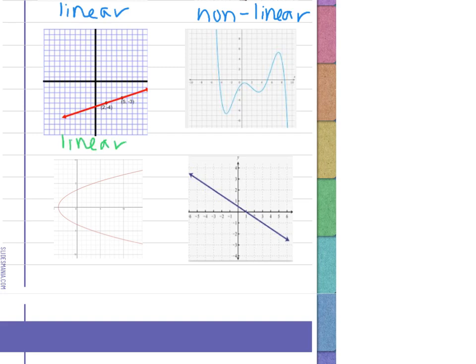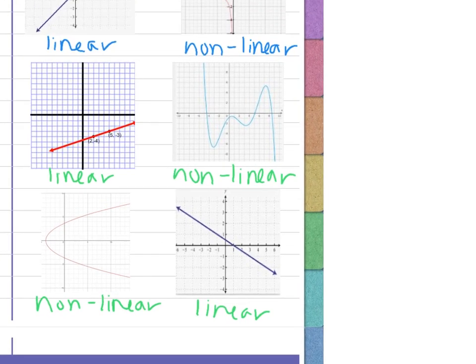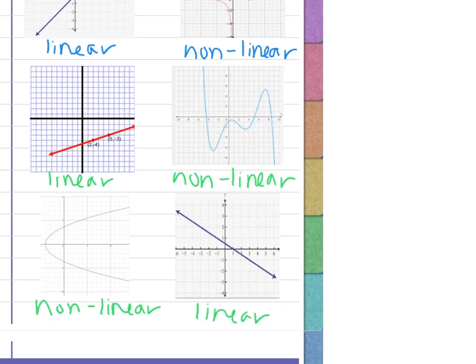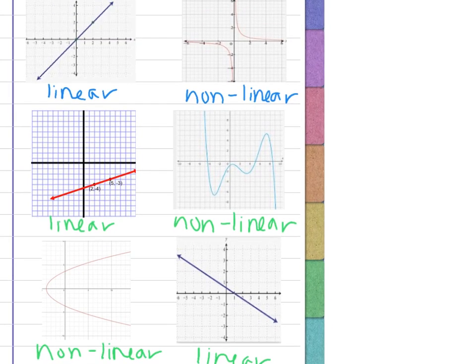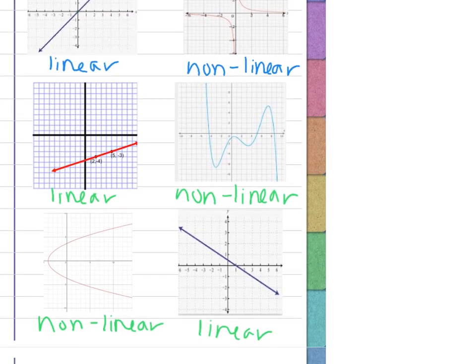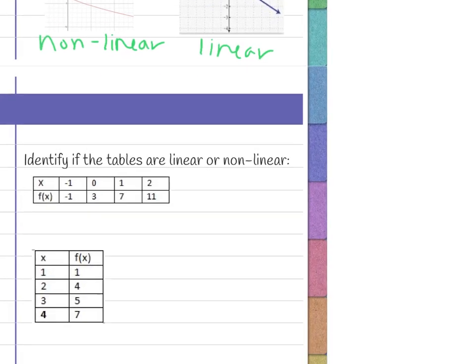And the one next to it has all those curves, that means it's nonlinear. The one on the bottom left is a parabola, and that is nonlinear because it's not a line. And this one is linear because it's a line. So pretty self-explanatory. It's really easy to understand once you have the visuals. Basically, if it's not a straight line, it's not linear, okay?